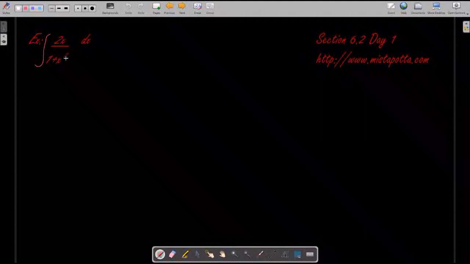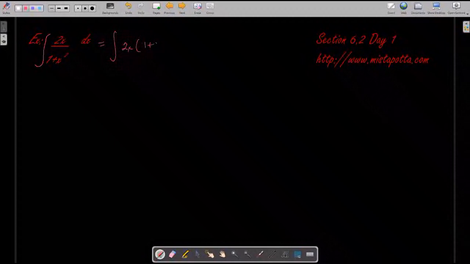I mean, they could see that if u is equal to 1 plus x squared, then du would be 2x. And we've got some good things going on here. But a lot of people will forget that this is really the antiderivative of 2x times 1 plus x squared to the negative 1.